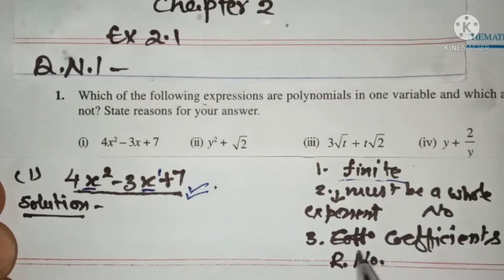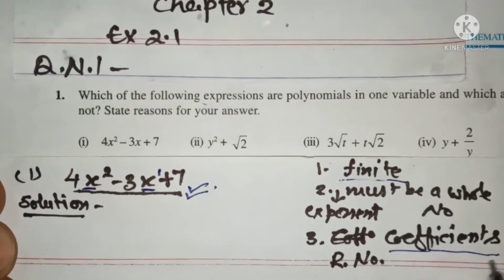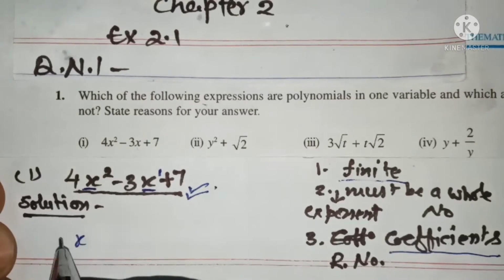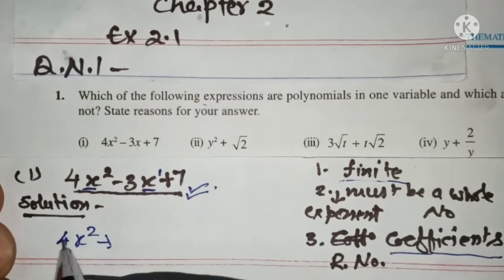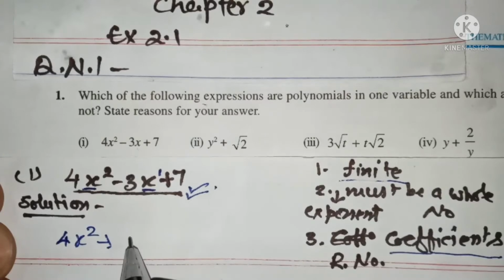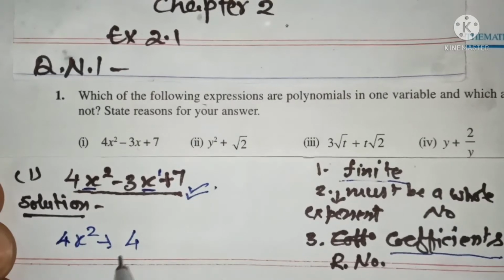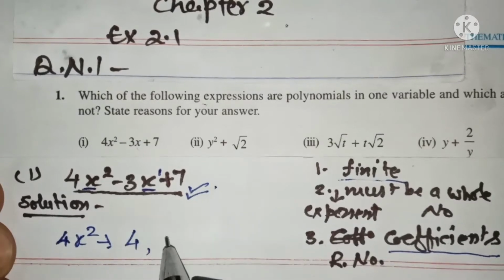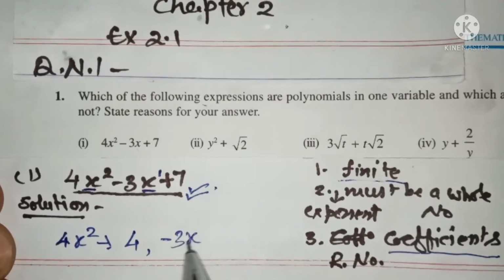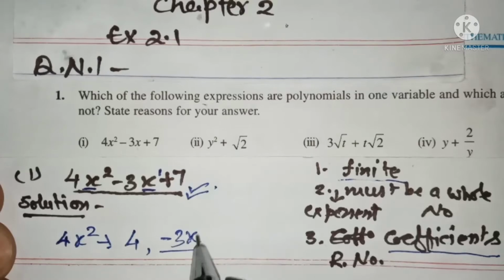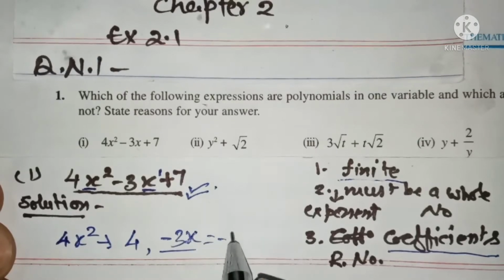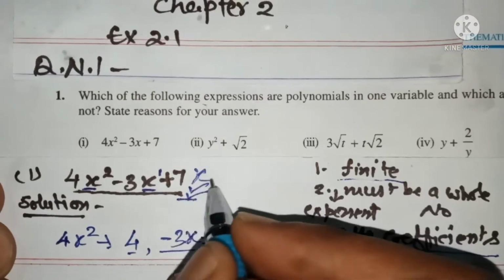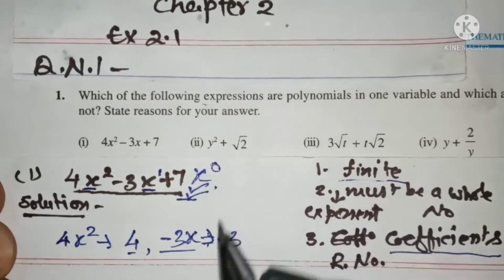Now we have to find the third one, which is the coefficients of a variable should be real numbers. In 4x square, the coefficient of x square is 4, and in this term minus 3x, the coefficient of x is minus 3, and in this term we can write it as 7x to the power 0.